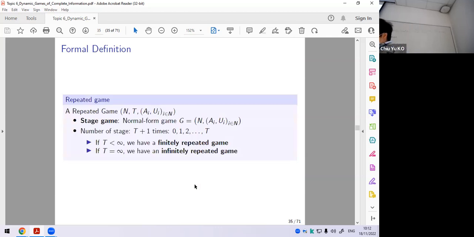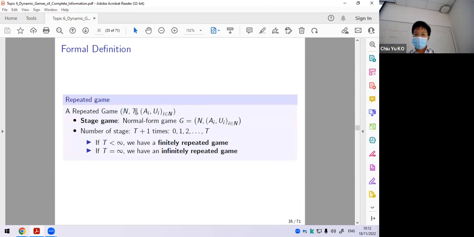Anyway, let's quickly go to the formal definition of a repeated game. Because a repeated game is a very special form of game, the description is very simple.